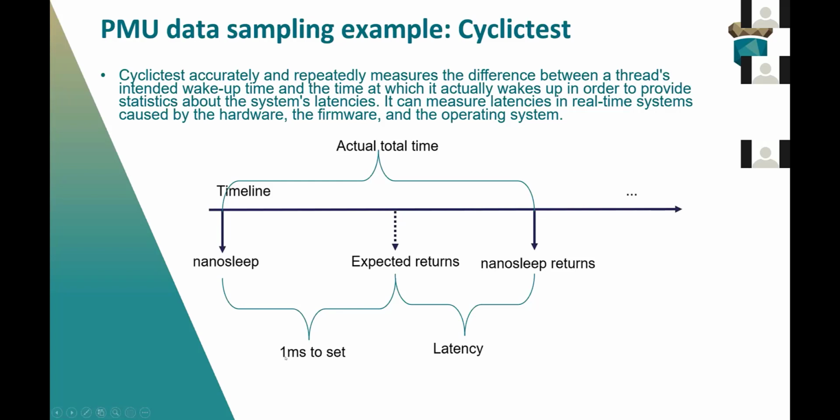Usually the expected return is the time set, 1 millisecond, but actually, because of interrupts and task scheduling, there is some latency. This is the actual return. The difference between the expected and the actual return, we call latency. So it can measure latency in a real-time system caused by hardware, firmware or the operating system. This is a normal benchmark for real-time tests.